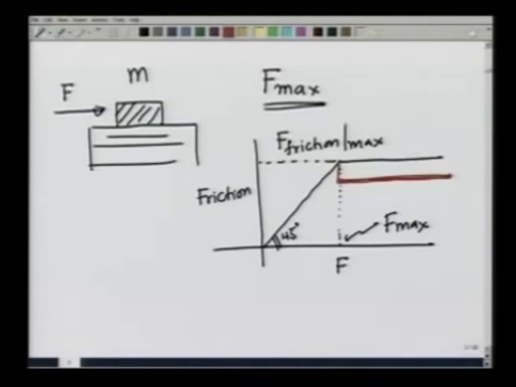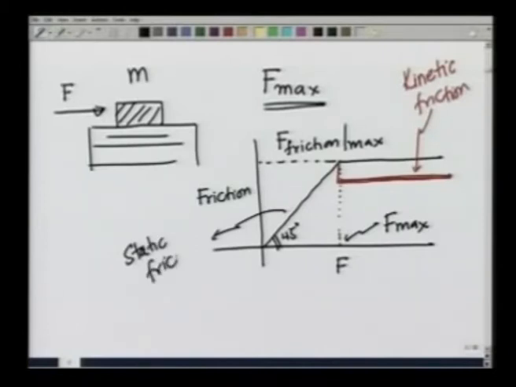So, we call these two regions, this is called kinetic friction, and as long as the body is not moving, that is known as static friction. So, notice that frictional force, when you are applying a force on a body, is not constant. As you keep changing the force, the frictional force keeps changing until you reach a maximum force beyond which it cannot increase, and then the frictional force works at its maximum.